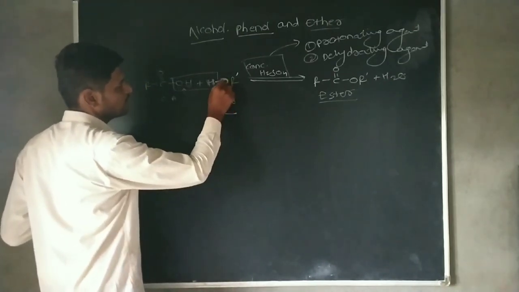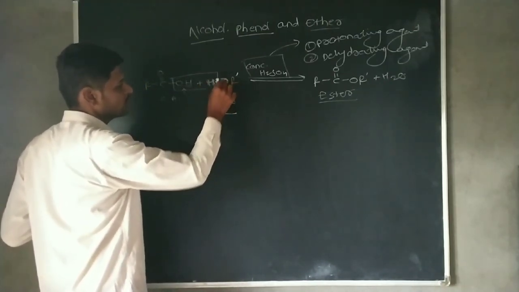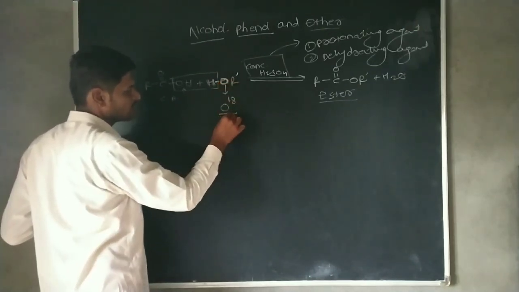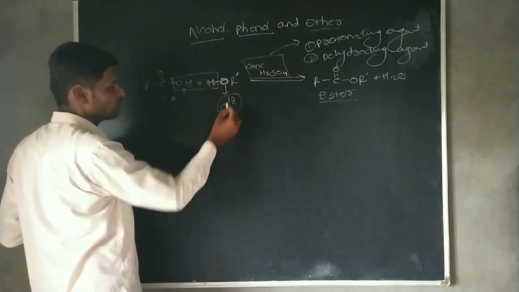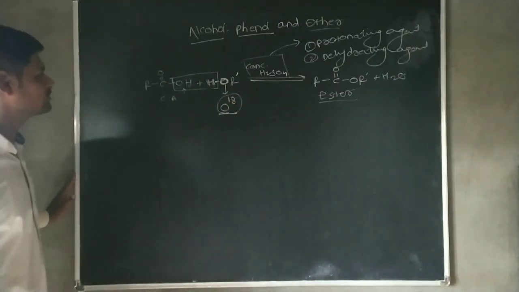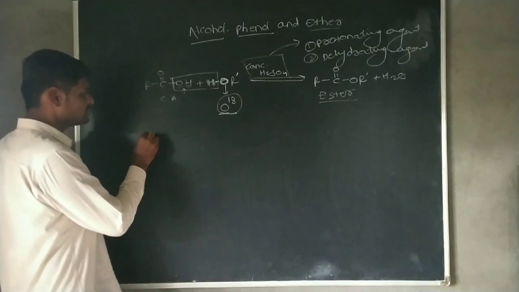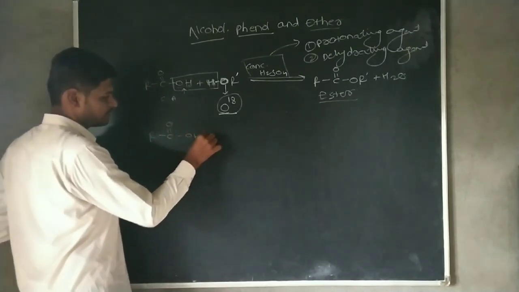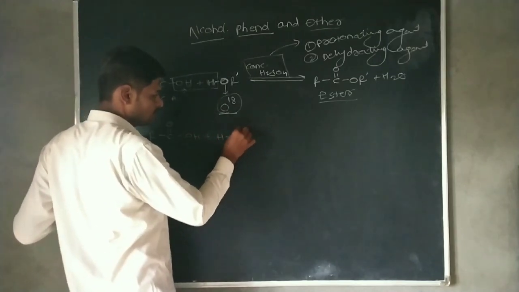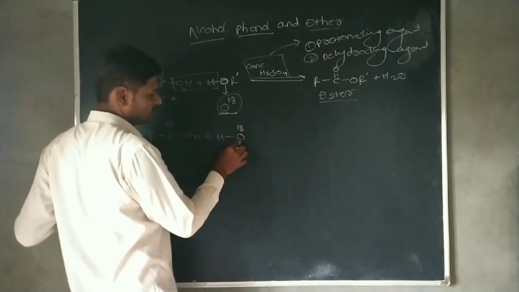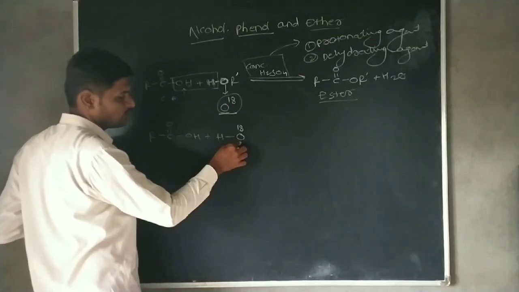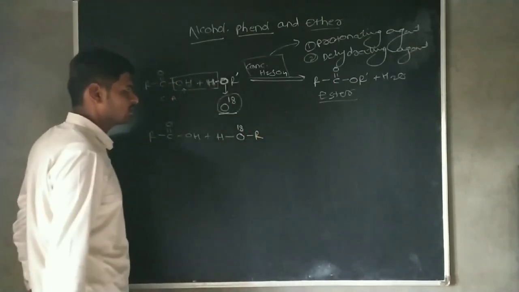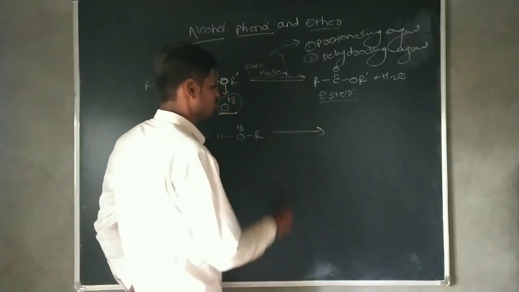In the ROH group, the normal oxygen is replaced by its isotope, O18. That means the carboxylic acid is reacted with this alcohol, in which the oxygen is replaced by the isotope O18 and the alkyl group is attached, with concentrated H2SO4.